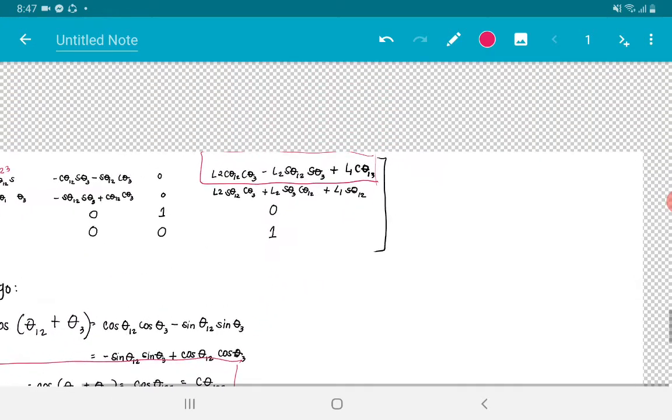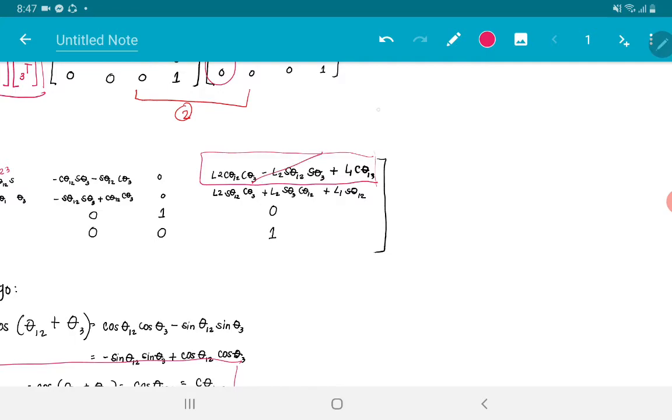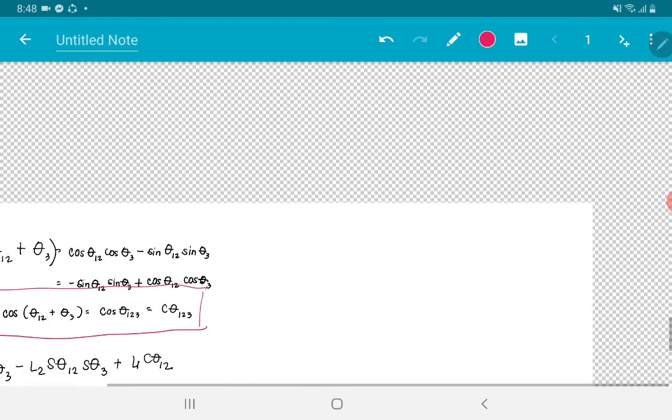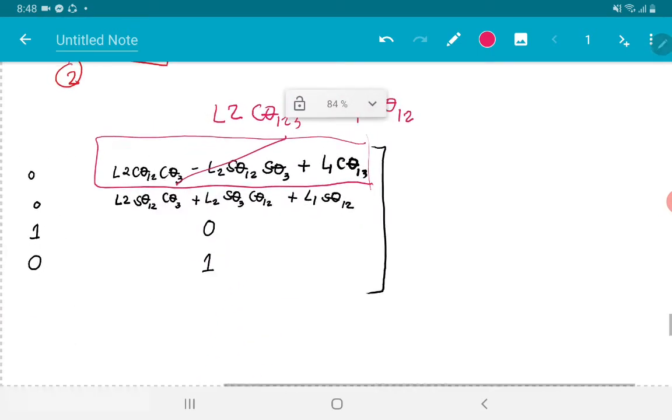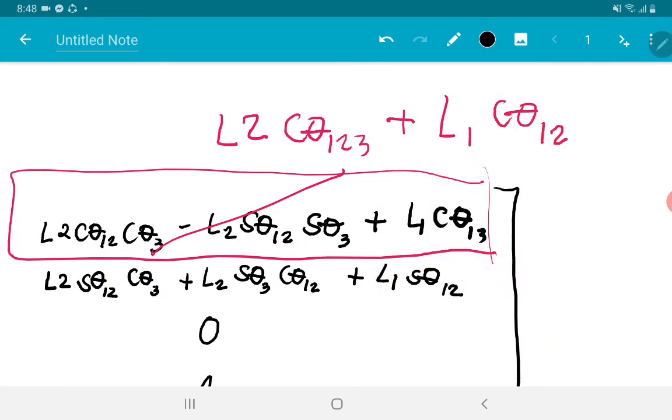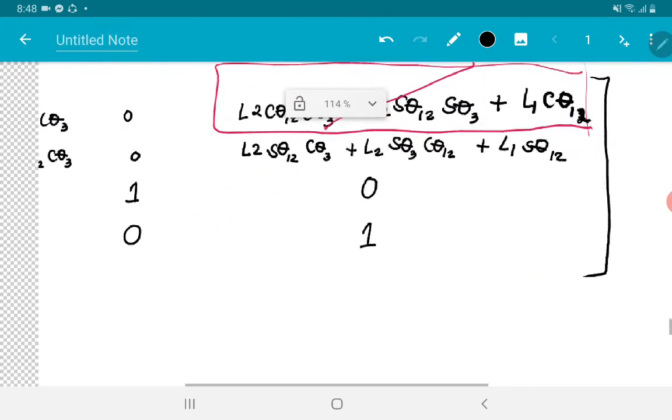So that can be transformed to L2 cosine theta 1, 2, 3 plus L1 cosine theta 1, 2. I thought this is 1, 2, cosine 1, 2. So this is quite wrong. This is 2.